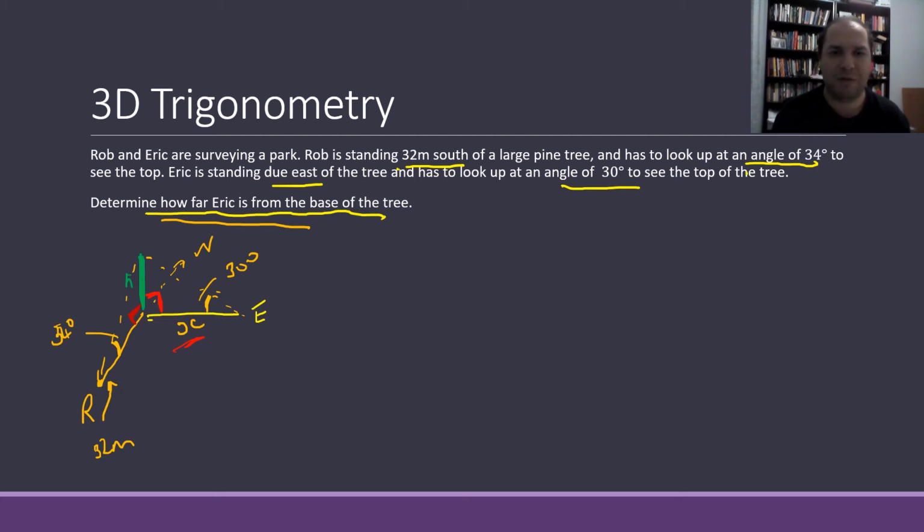The first side view we might draw might be for Rob. So for Rob, we know he's 32 meters south. We've got our tree, which is some height there. And then when he looks to the top of the tree, we know that's 34 degrees. Right, looking at that triangle, we can work out the value of height.